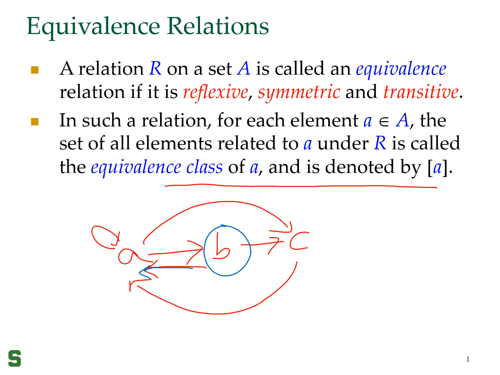It will contain C for the same reason. So essentially, if A is related to B, then the equivalence class of A and B would be basically the same. And that's what makes the equivalence relation interesting in mathematics.